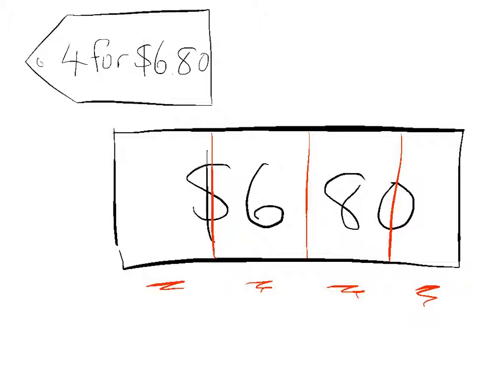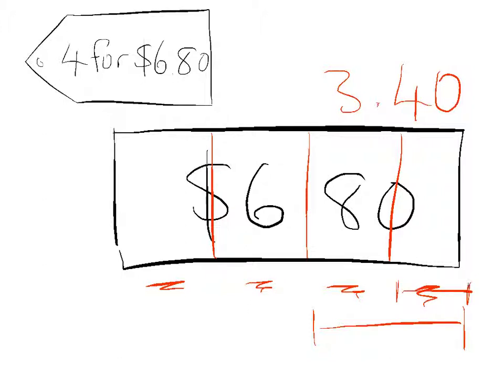So half of $6.80, so this part here, half of that, half of 6 is 3, and half of 80 is 40. So you've got $3.40. And then you need to cut that in half again because you want this part here.